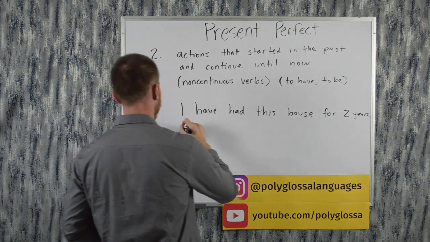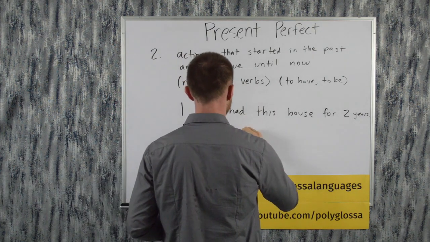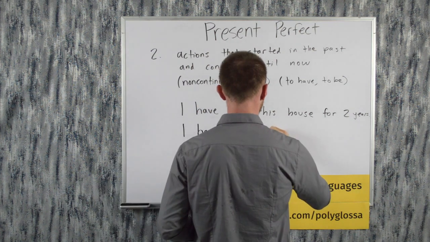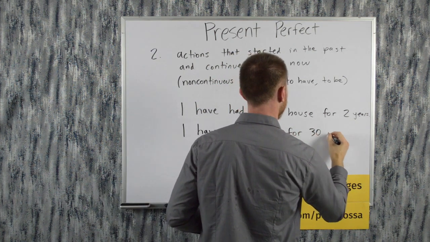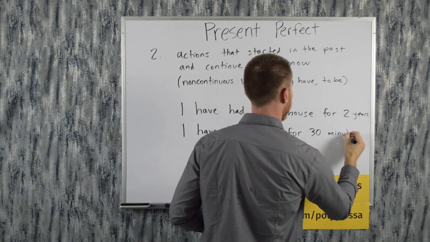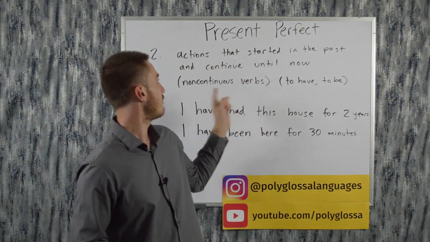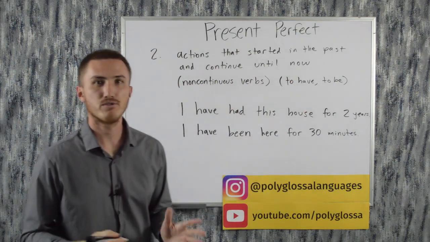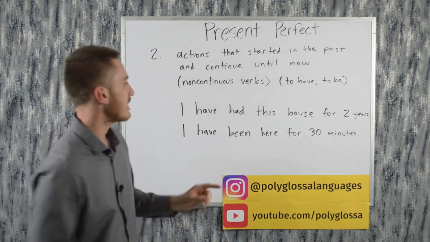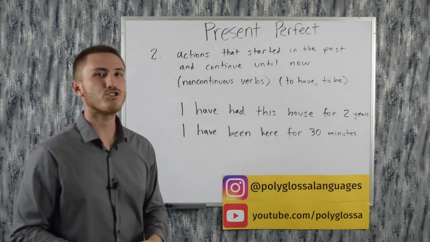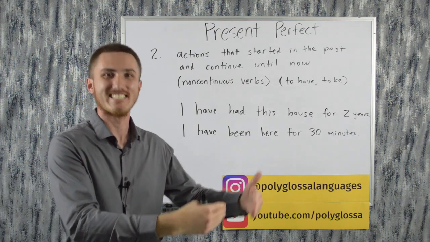Here's another example. I have been here. I've been here for 30 minutes, okay? So here we have another example of a non-continuous verb, the verb to be. Be careful, because been is also an auxiliary verb that's used with the present perfect continuous.